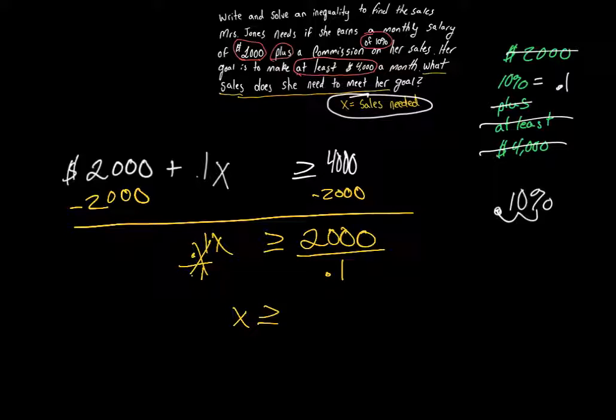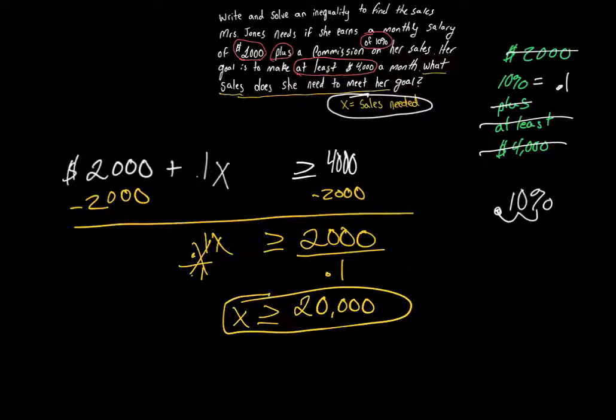And I get x is greater than or equal to 20,000. And I should probably rewrite that so it's a little bit better here. There we go. So she needs to make greater than $20,000 worth of sales in order to reach her goal of at least making $4,000. And then we would be finished here.